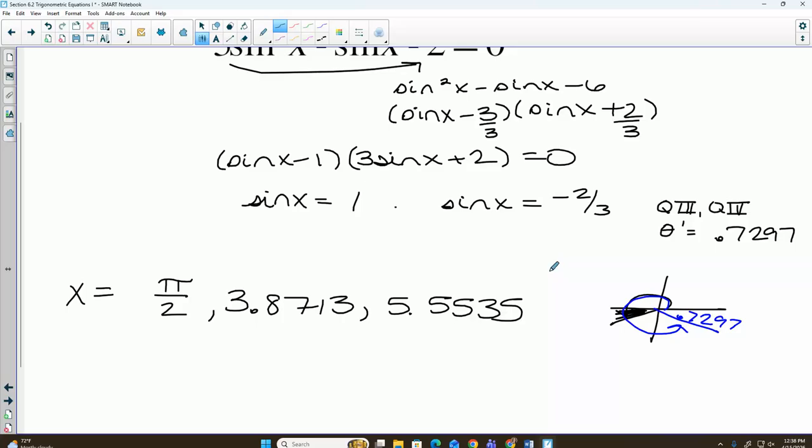Not every answer works out perfectly. Sometimes if it's not one that we know from the unit circle, we have to use our calculator in order to get it. Any questions on that one?